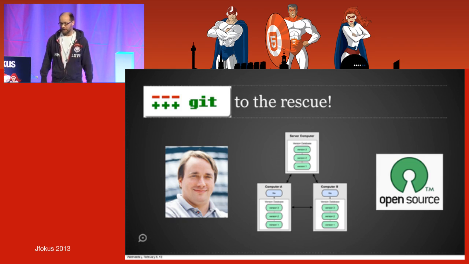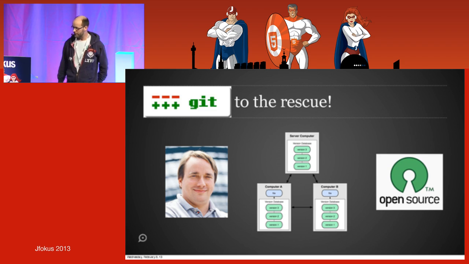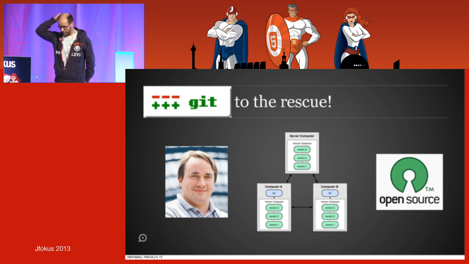We have been using Git for version control for our source code for quite some years already, and we're very happy with it. I'm pretty sure, like the introduction said, that most of you know what Git is, but of course it's the distributed version control system originally written by Linus Torvalds for his little pet project, the Linux kernel.